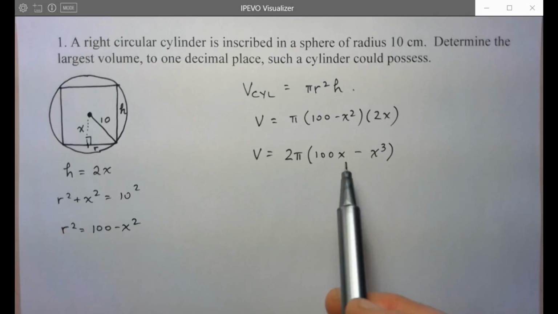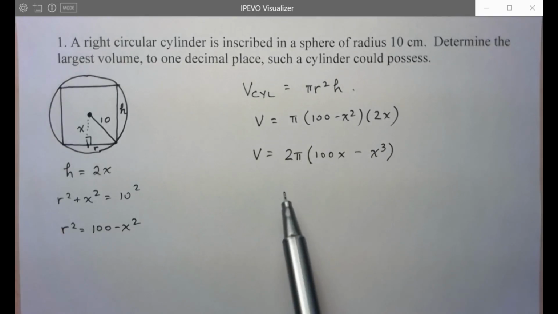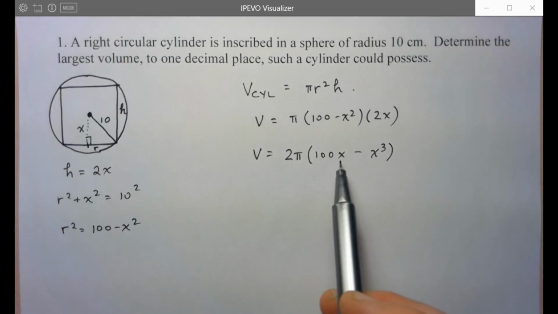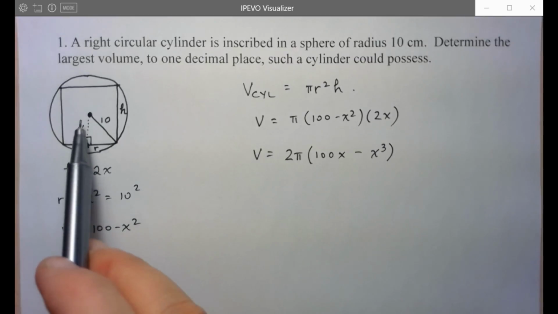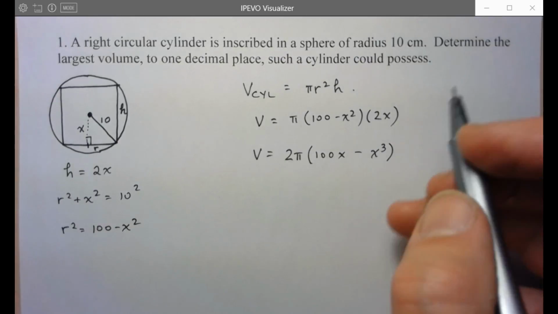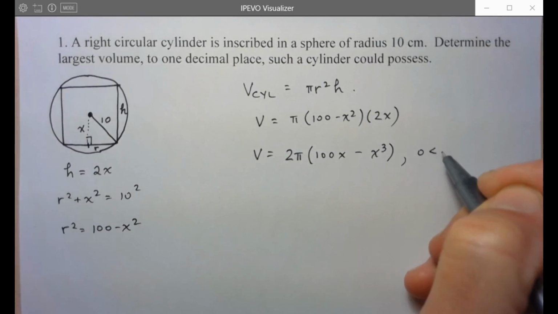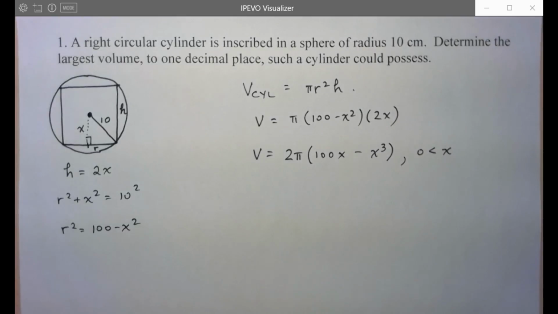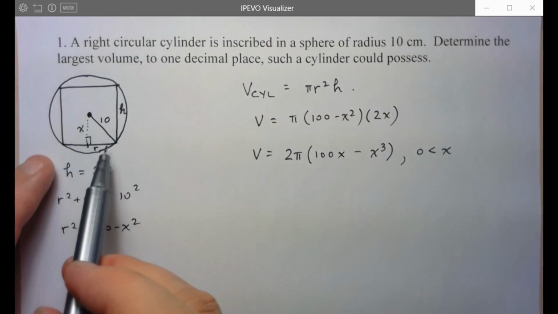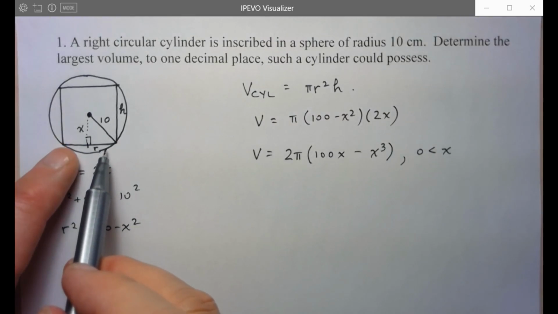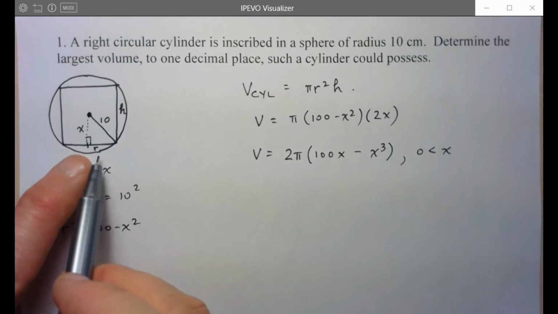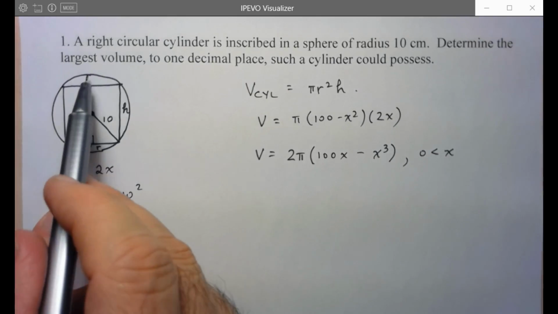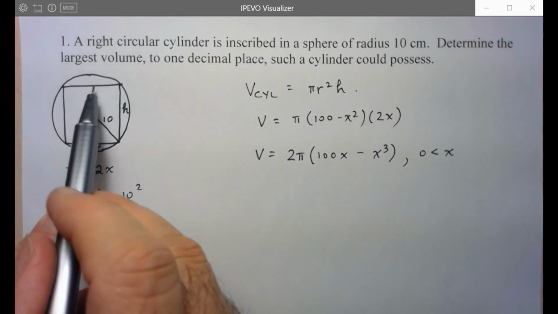And the last thing I want to do is determine what domain I'm going to be working on. So x definitely has to be greater than 0 because it's a measure of length. So I know that 0 has to be less than x. And let's see what the maximum value, if there is one, for x is here. If I make this cylinder thinner and thinner and thinner, I'm going to get a taller, thinner cylinder.